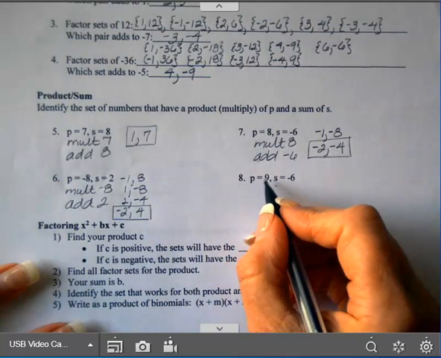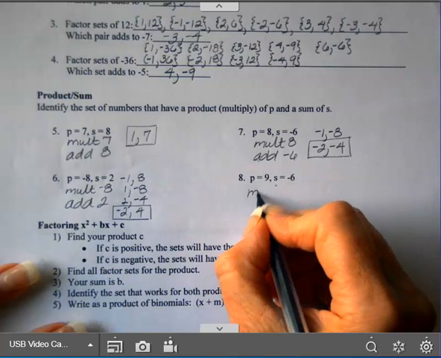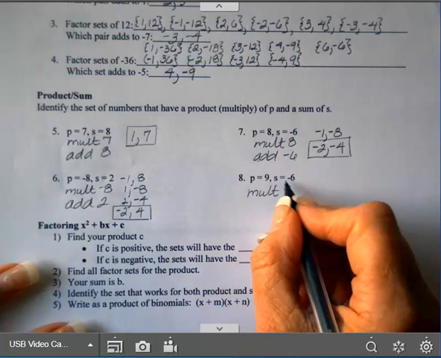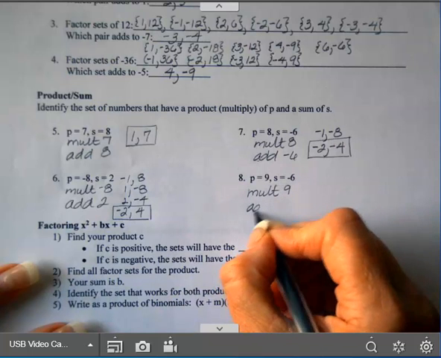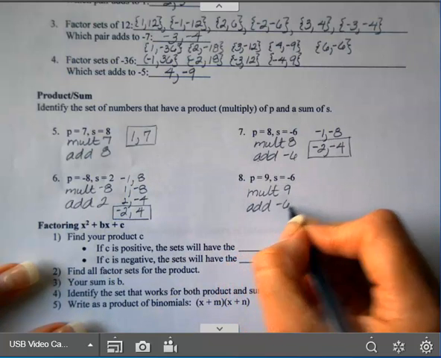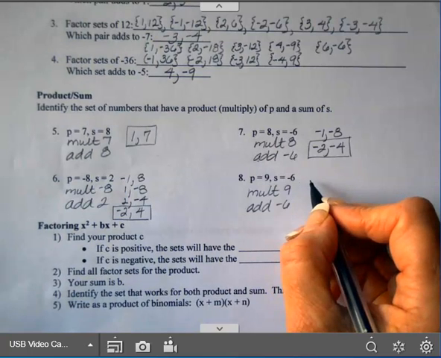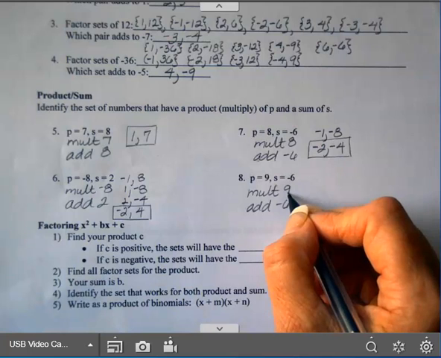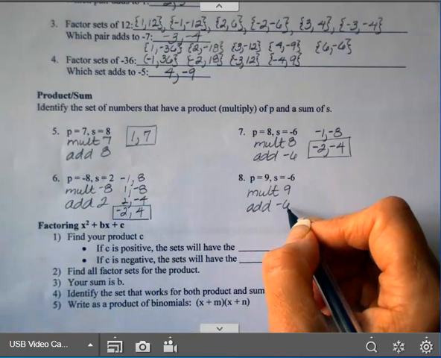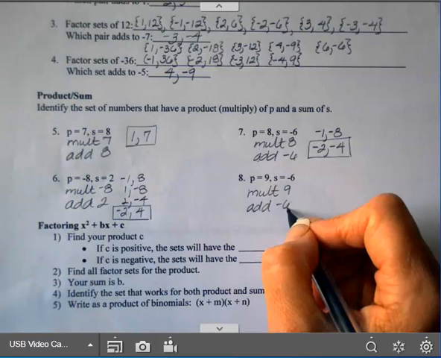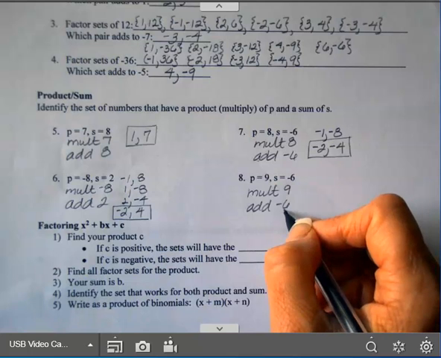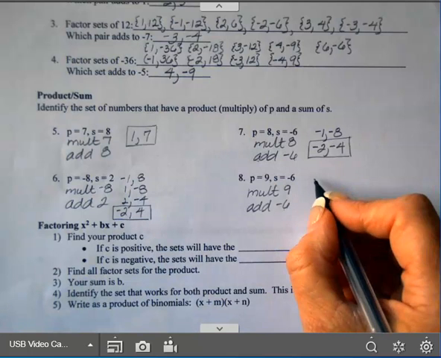On number 8, we want it to have a product of 9, so it needs to multiply to 9, and it needs to have a sum of negative 6, so it needs to add to negative 6. So let's look at the numbers that would do that. They have to multiply to a positive, but add to a negative. So they're either both positive or both negative if they multiply to a positive. Since they're going to add to a negative, that means both numbers have to be negative.